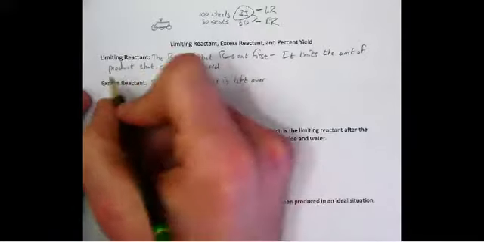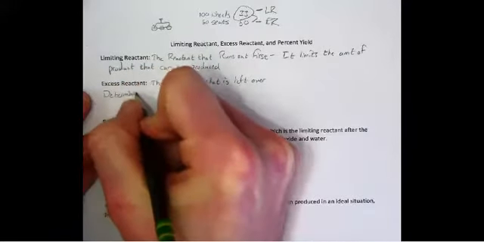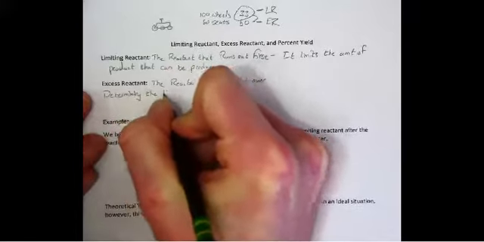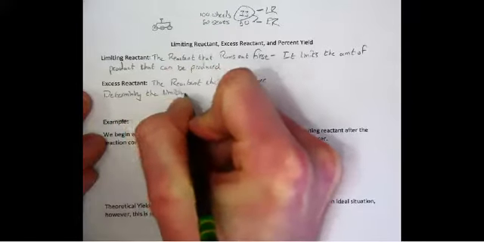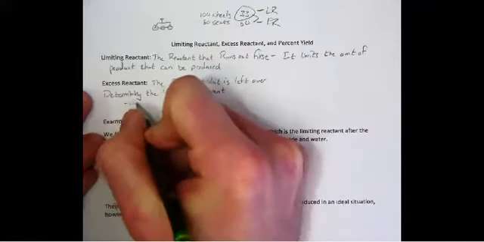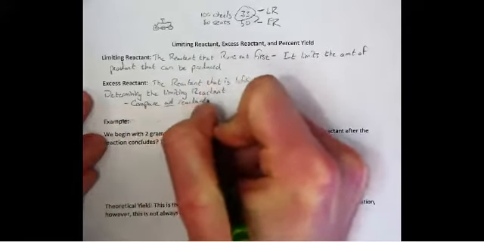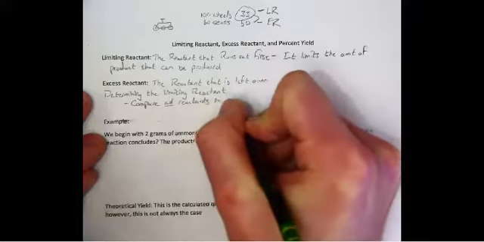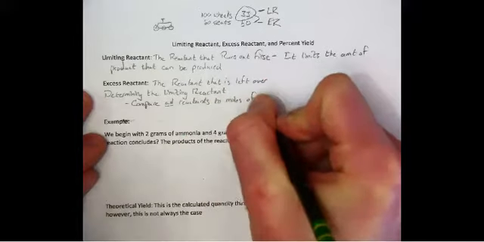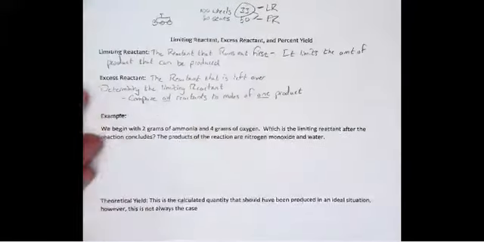Now, when determining the limiting reactant mathematically, we're going to do two things. First, we're going to compare all reactants to moles of one product. So very similar to what we did up here.